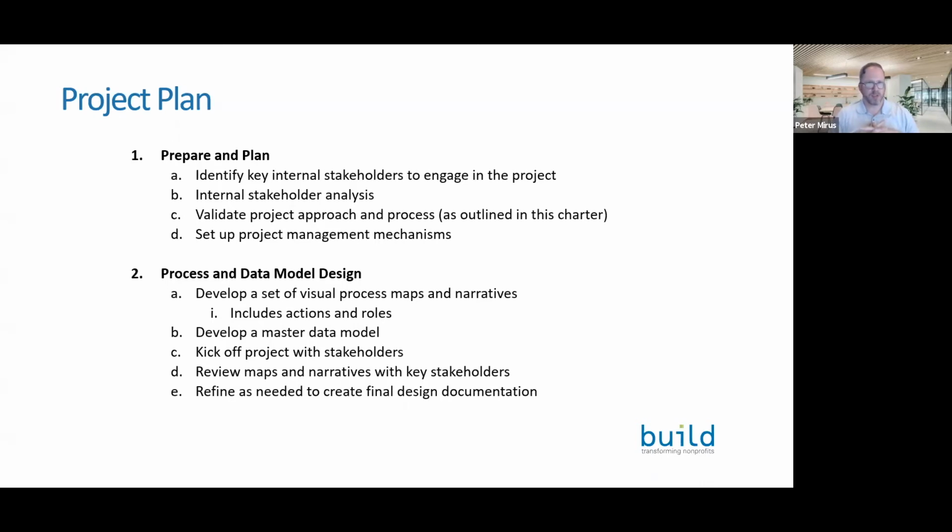And those would be people that are responsible or accountable for the outcomes, people that need to be consulted in order to effectively determine the business and technical requirements for the system, and also those that just need to be communicated with and kept informed throughout the process. So that's just sort of applying a traditional RACI, responsible, accountable, consulted, informed model to sort of thinking through who the key stakeholders might be to engage in a project.